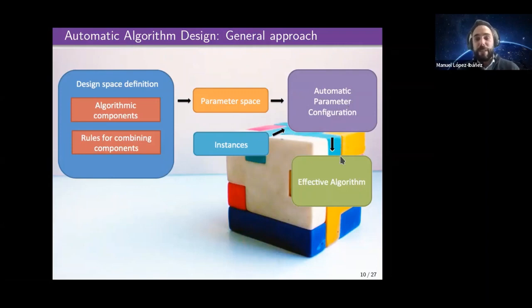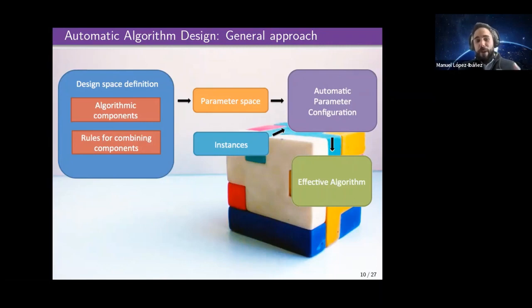So we use specialized algorithms called automatic parameter configuration tools or hyperparameter optimization tools to automatically search this parameter space, given some performance criteria and some examples of problem instances that are of interest or some interesting data sets, in such a way that when we find an optimized design, we are actually designing an effective algorithm for the particular application scenario that we are interested in.